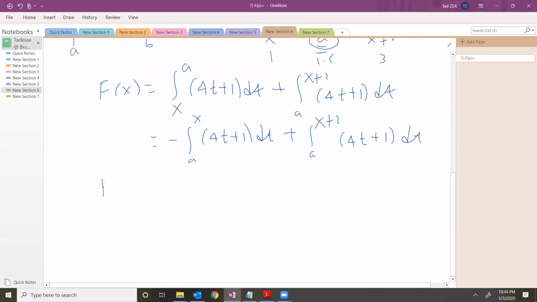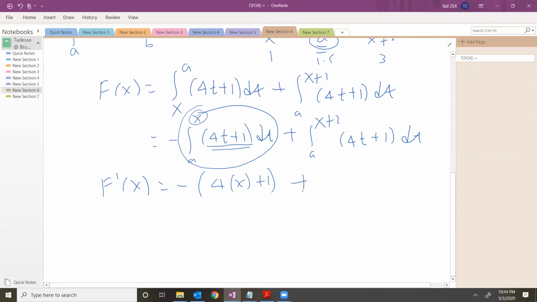Now I can find the derivative. The derivative of the sum is the sum of the derivatives. So it will be minus, keep the minus, f evaluated at this x, which is 4x plus 1, times the derivative of x, which is 1. That's it. I'm done with the first piece.